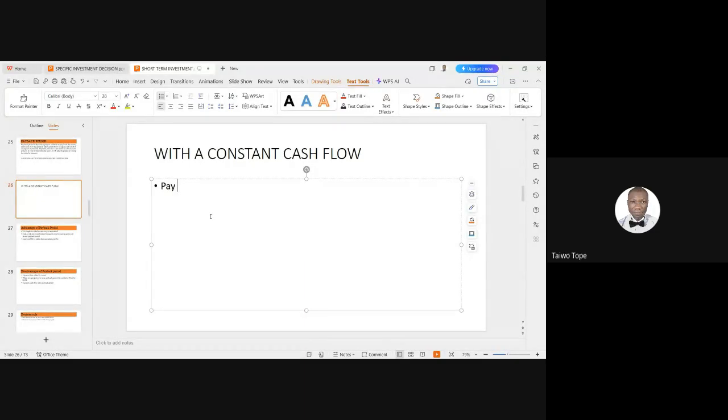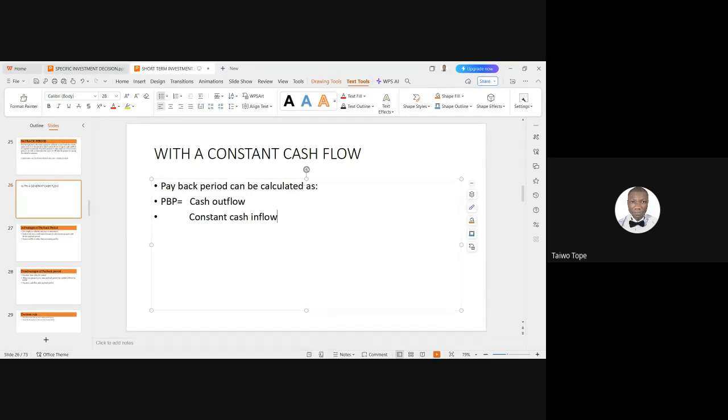The payback period can be calculated as payback period equals cash outflow divided by constant cash inflow.